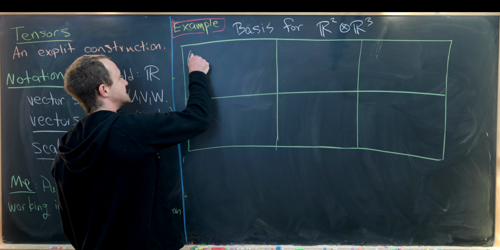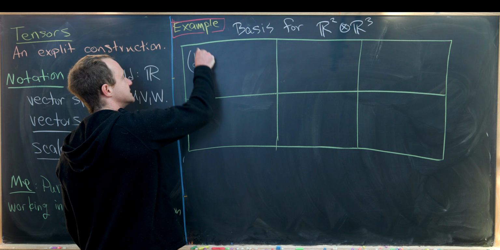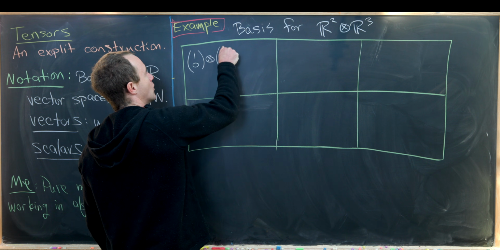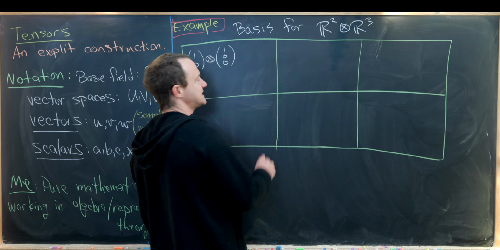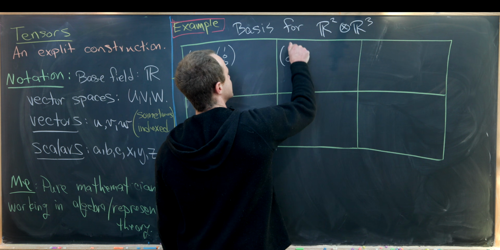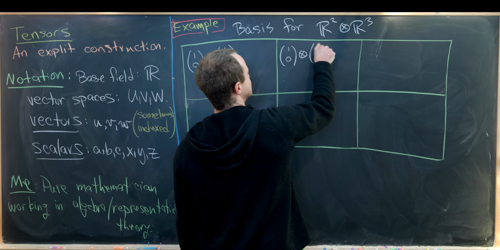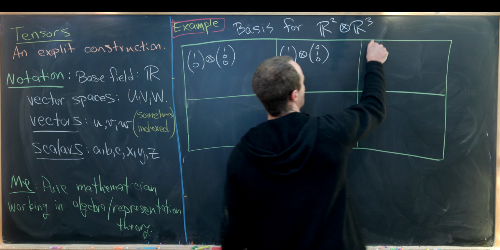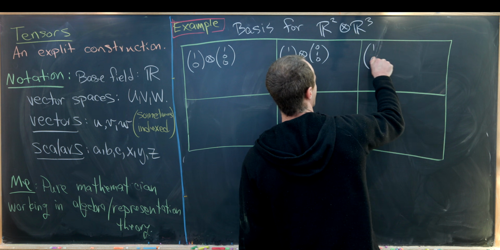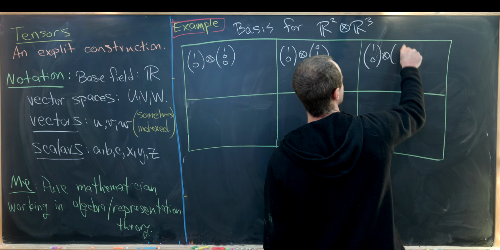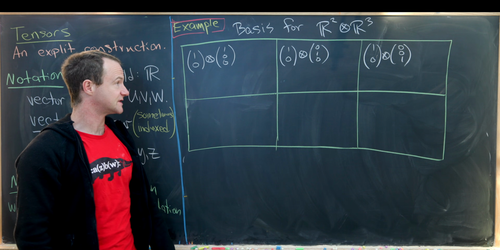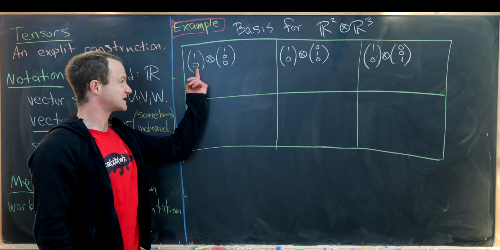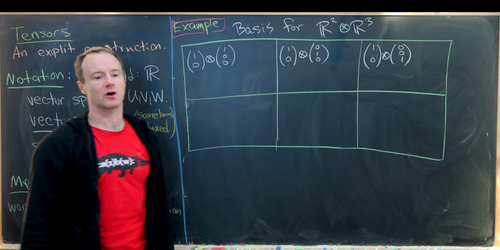So our first basis vector will be of the form (1, 0) tensor (1, 0, 0). Okay, and then our second one will be of the form (1, 0) tensor (0, 1, 0). And then finally, our last one will be (1, 0) tensor (0, 0, 1). So those are our three basis vectors built off of this first basis vector for R2.